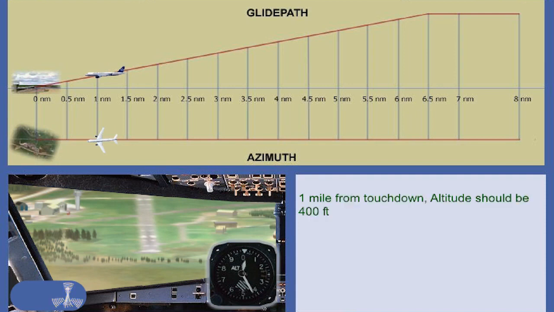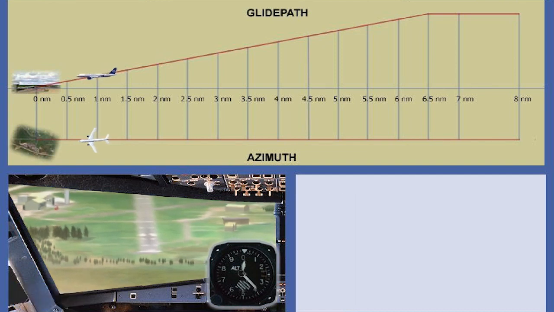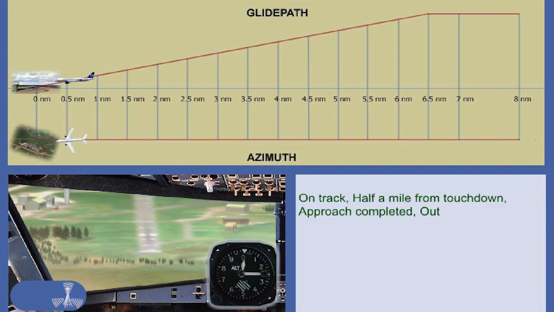One mile from touchdown, altitude should be 400 feet. On track, half a mile from touchdown. Approach completed. Out.